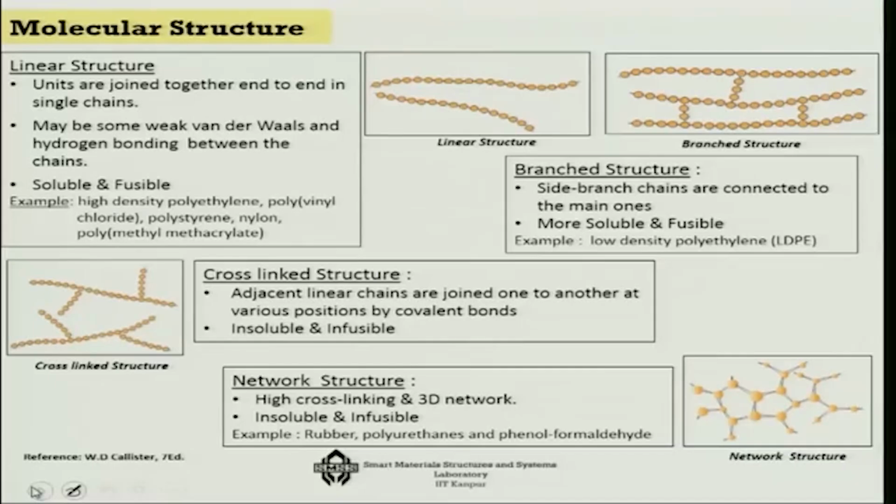Here you will see that polymers are essentially of three types: the linear polymers, then the branched polymers, and then those which are chemically linked. In fact, out of them there are two types: one is when there is a cross-linked structure, and another is when there is a network structure. So, to begin with, we will first see the linear structure polymers.